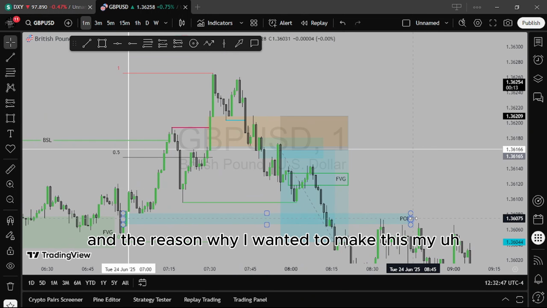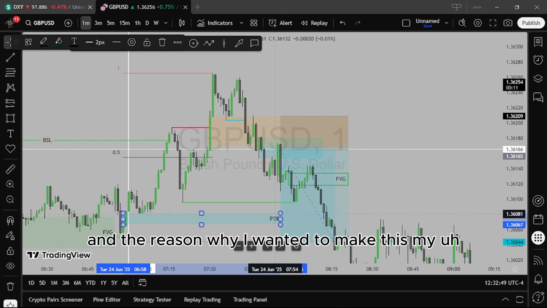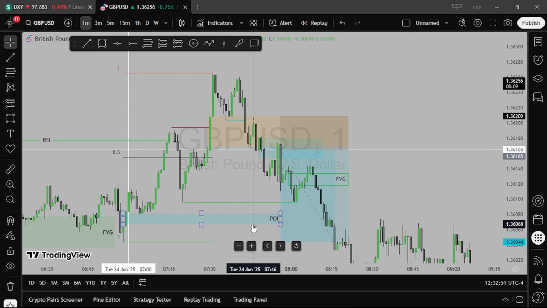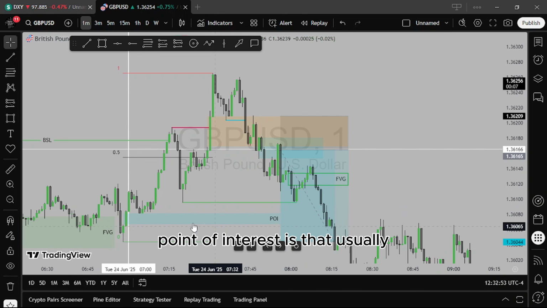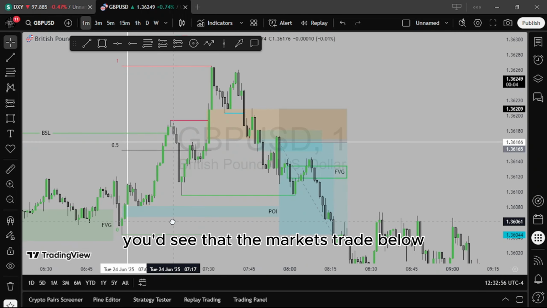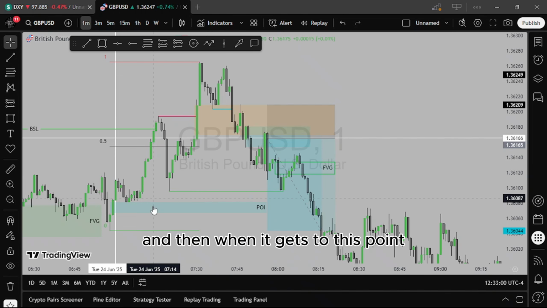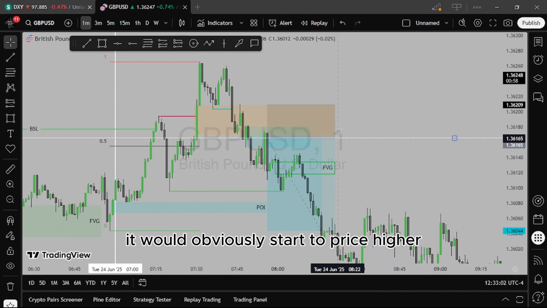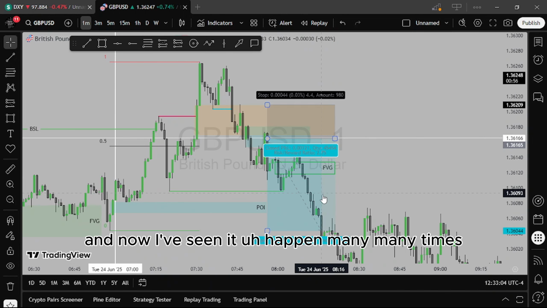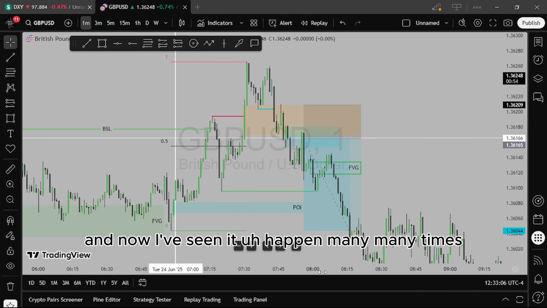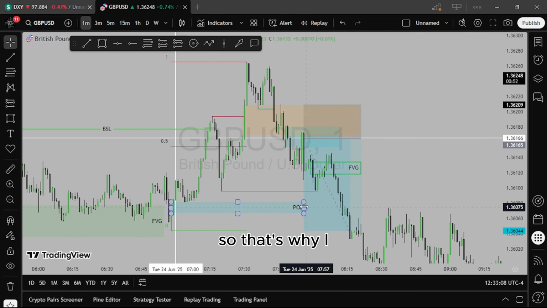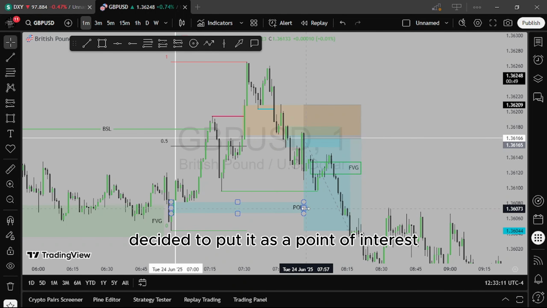The reason I wanted to make this my point of interest is that usually you'd see the market trade below this low, and when it gets to this point, it would start to price higher. I've seen it happen many times, so that's why I put it as a point of interest.